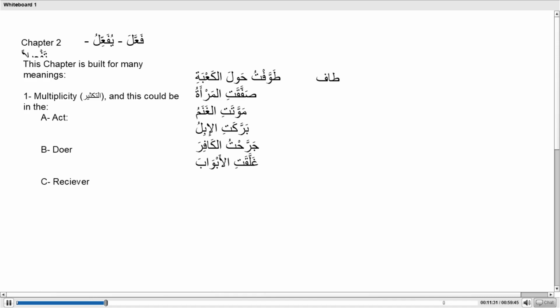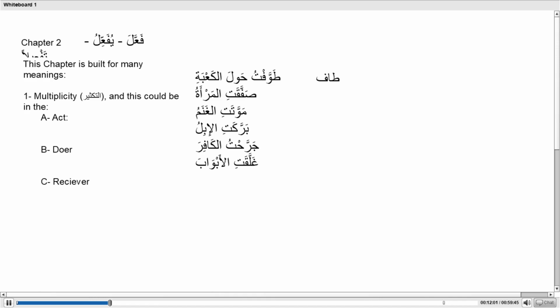Okay. Now here, where did you want to show the increase and the multiplicity? In the action itself, which is the tawaf, or in the doer, which is you, or in the Kaaba? So the action, because you are only one, there cannot be multiplicity in that.